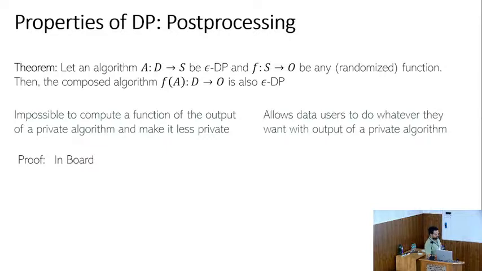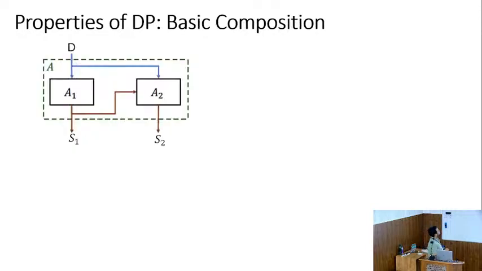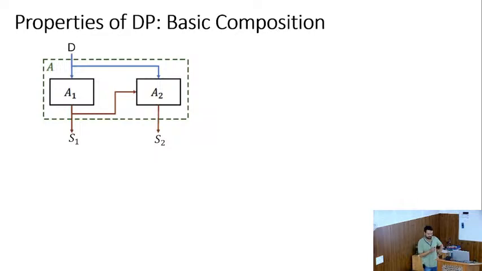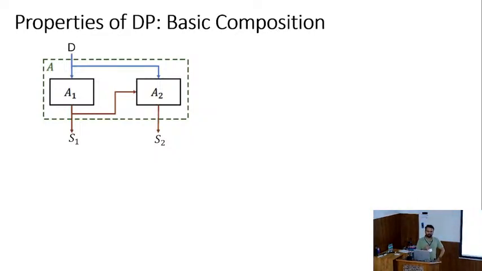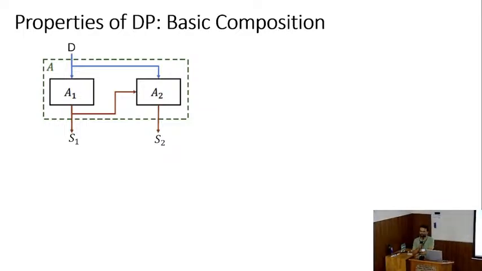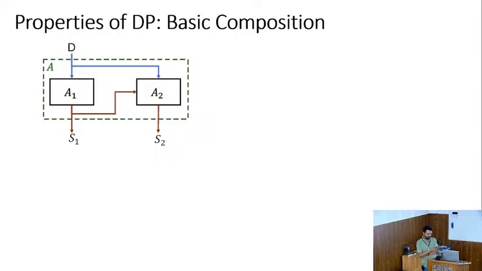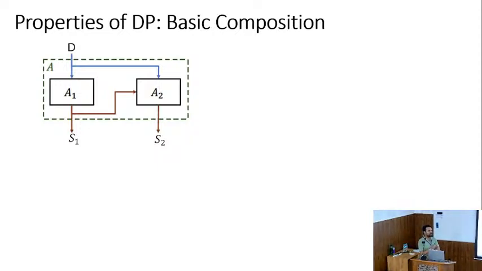Before going to the proofs, let me discuss another property. This property is called composition. The same question was asked again during the break. We have said that our algorithm is differentially private with respect to a particular query, and we have done that for several queries. Now what happens if we compose all the queries?